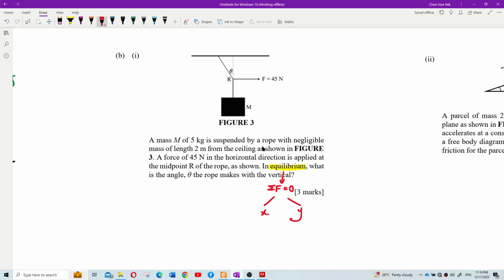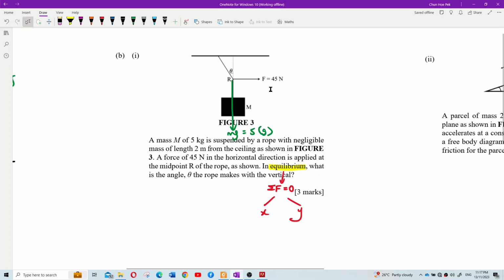So, let's draw the forces. This mass has force mg, which is 5 times g, because it gives you 5 kilograms.